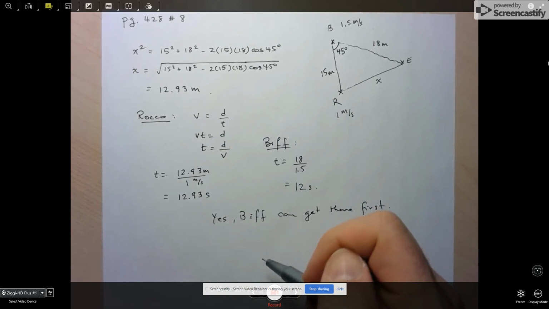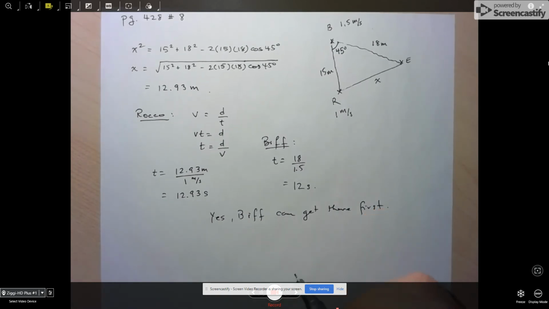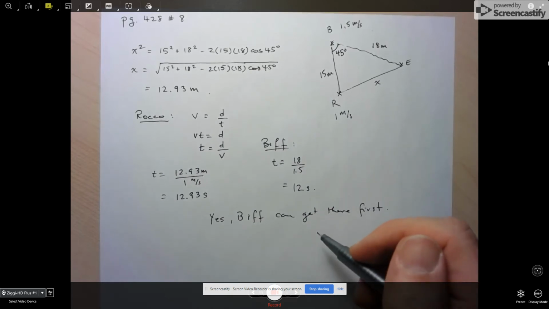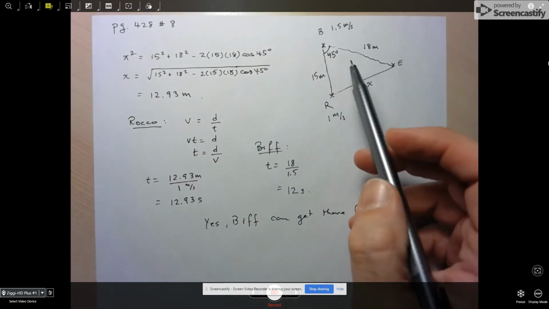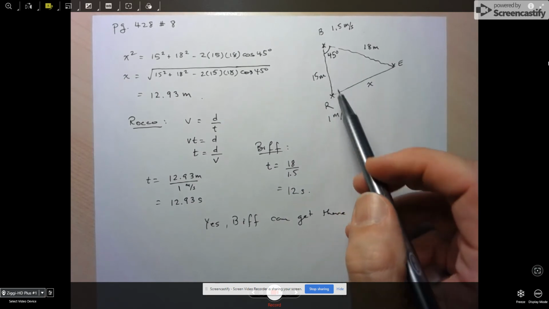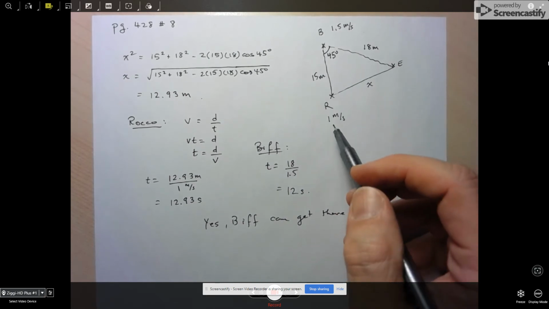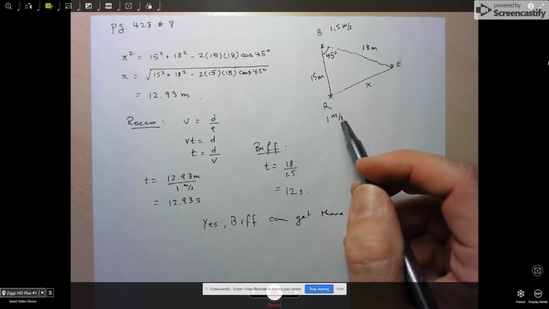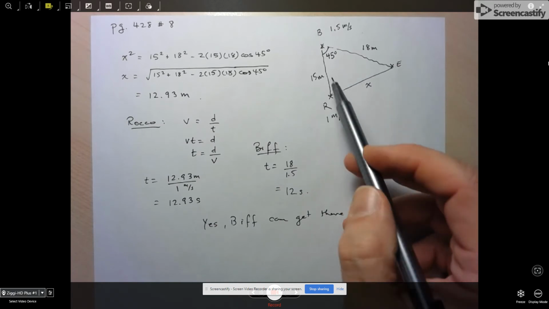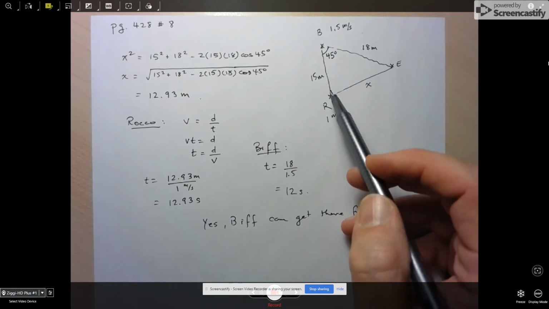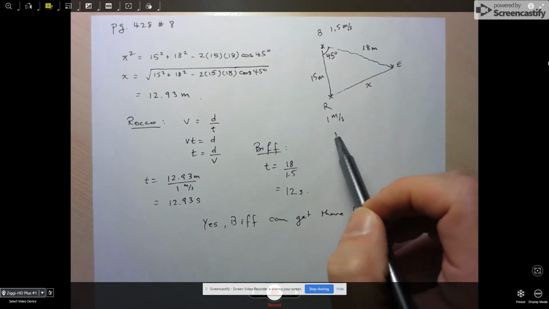Now, one of the things they ask us is, what assumptions are made, and there's a whole bunch of assumptions that are made. First of all, we're assuming that they're traveling at constant speeds. The other assumption I'd say we're making is that they both see the eucalyptus at the exact same time, and they both start running at the exact same time.